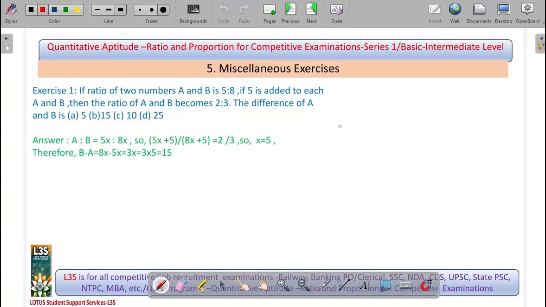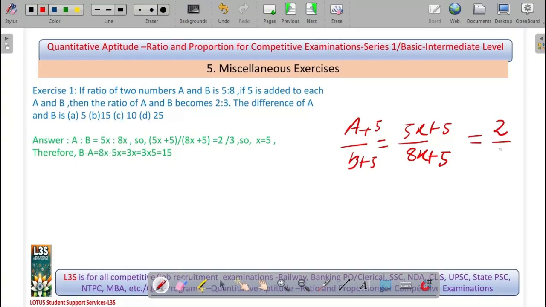The ratio of two numbers a and b is 5:8, so a and b are 5x and 8x. Now, if 5 is added to each of a and b, that means a plus 5, b plus 5, that is 5x plus 5 and 8x plus 5. Then the ratio of a and b becomes 2:3.